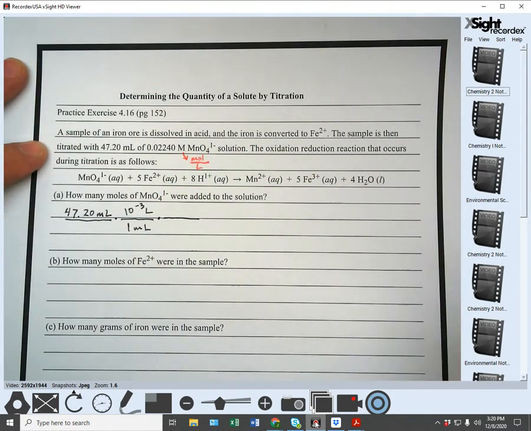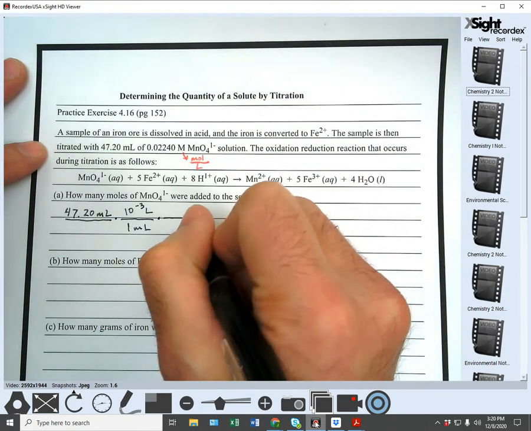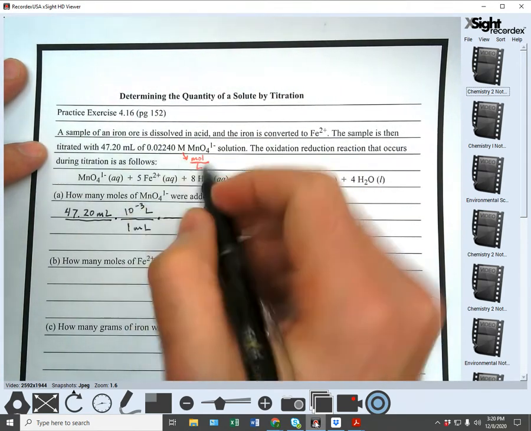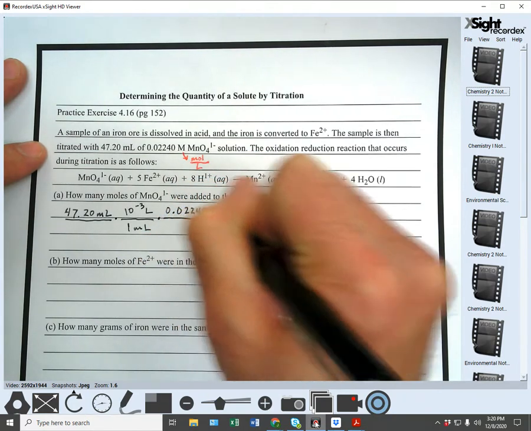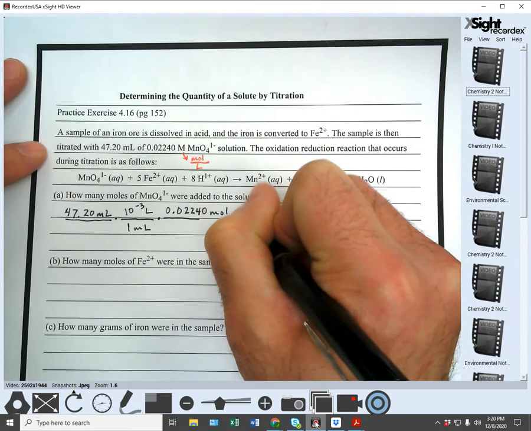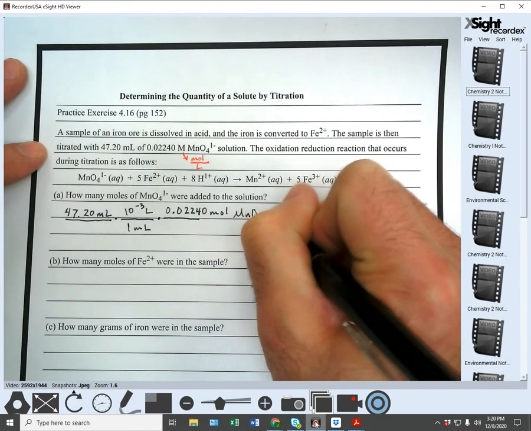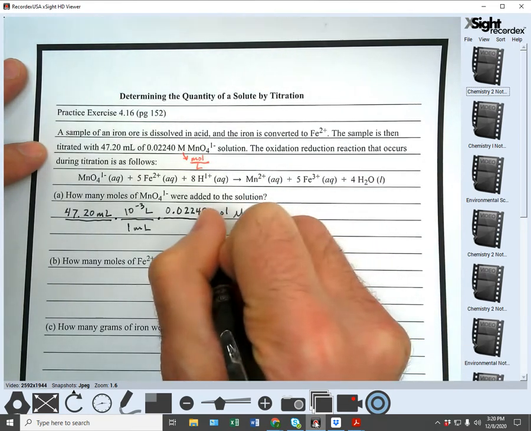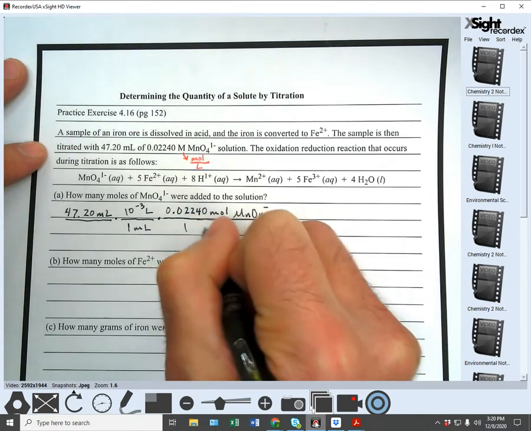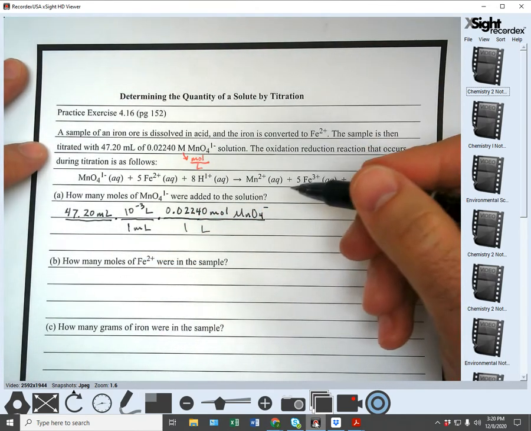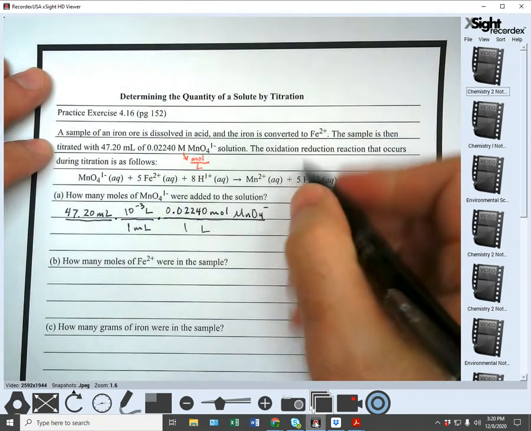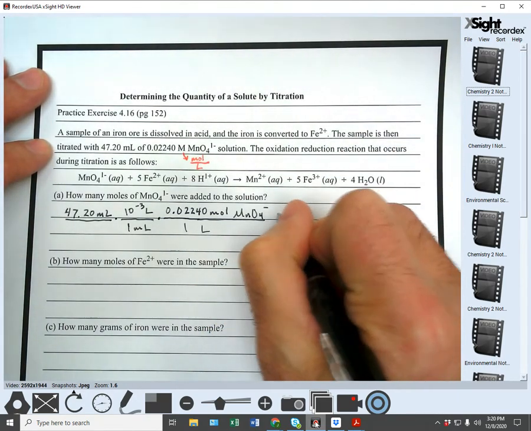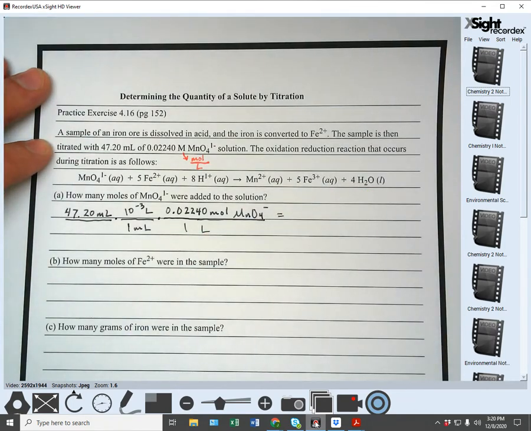So it's 0.02240 moles of MnO4 -1 for 1 liter of MnO4 -1. I can put that on the bottom. So we get that, and that's what we want, moles of that. That's how many moles were added.